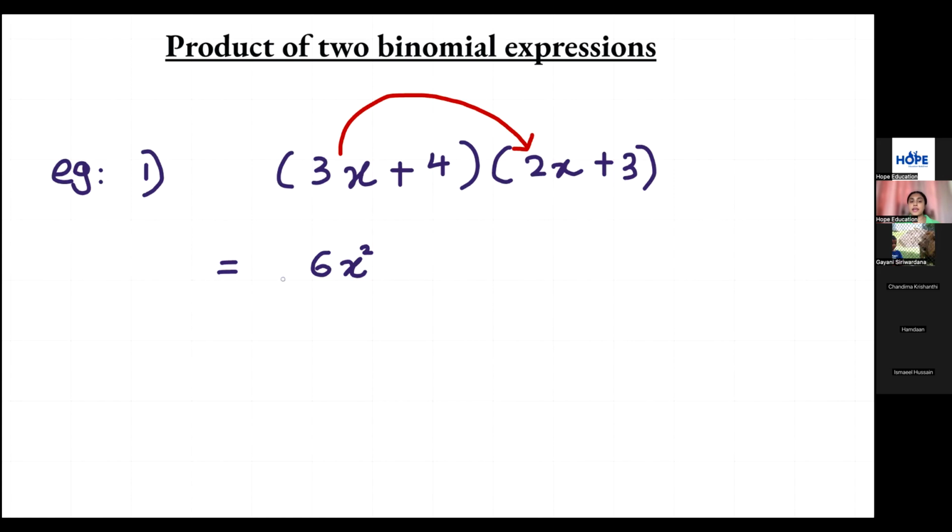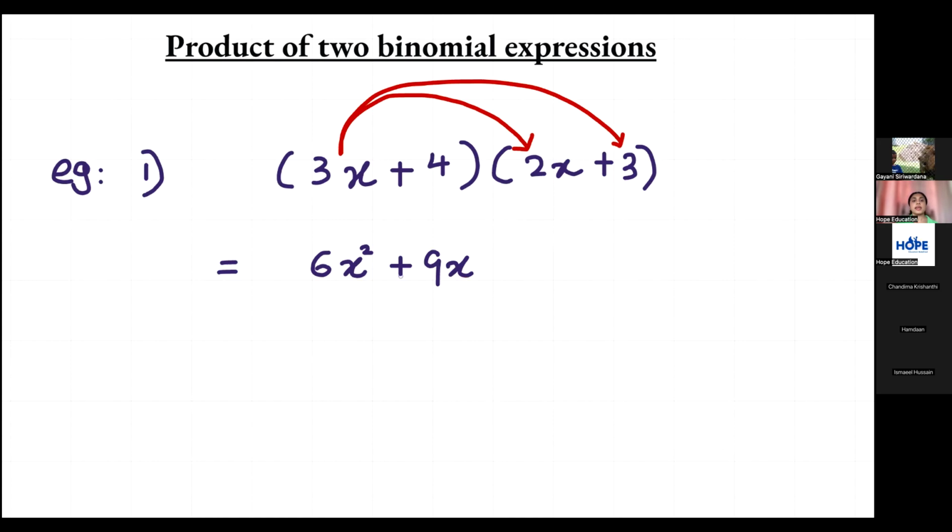Then multiply this by this. 3 times 3 is 9. Here there is x, here there isn't, so I will just put that x. Here there's nothing means there is plus. Here also there is plus. Plus times plus means answer gets plus.